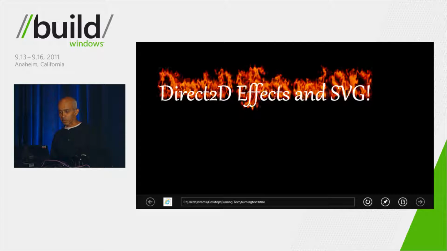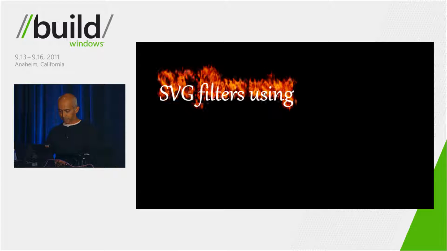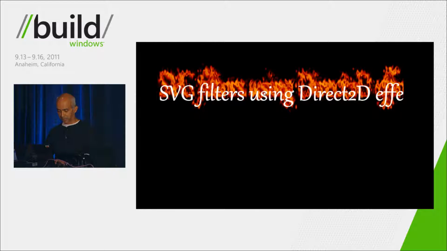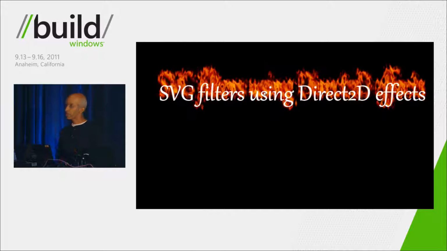And just to prove it to you that this is not just a video playing, I'm going to go ahead and modify the text. So I really meant to say, if I don't make a typo here, SVG filters using Direct2D effects.